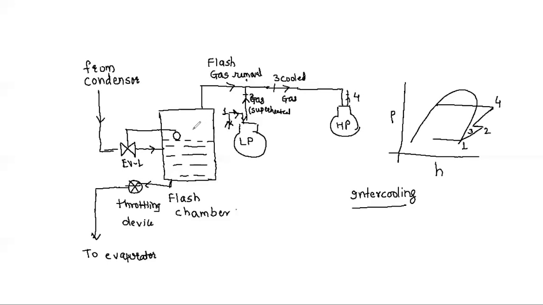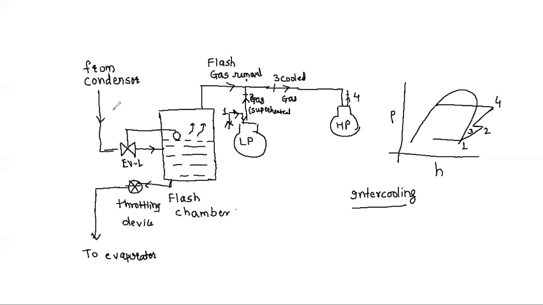And these flash gases which are evolved are then responsible for cooling this. So where are these flash gases coming from? Because we are not bubbling the gas which is superheated in the LP compressor into this flash chamber.